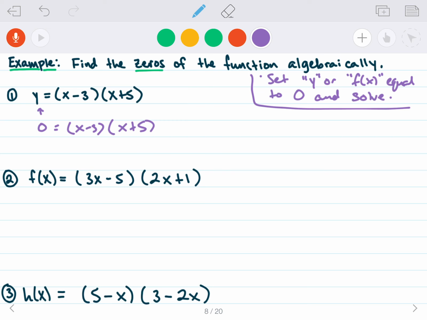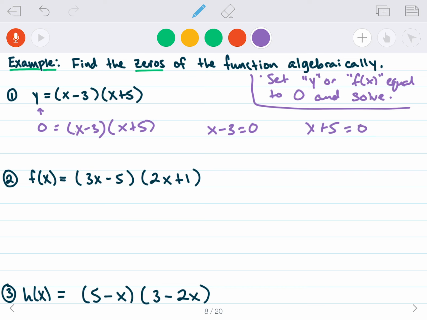I'm not going to get too philosophical about this because you guys should think about it on your own, but you were probably taught in high school to just set these things equal to 0, and you should think about why. Why do we say, let's set x minus 3 equal to 0 and x plus 5 equal to 0?